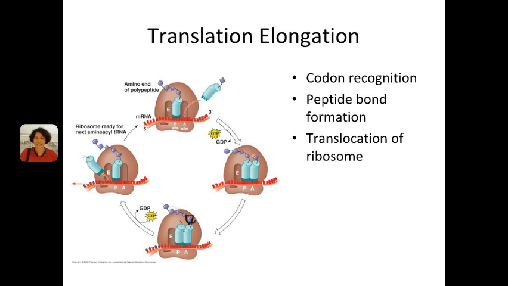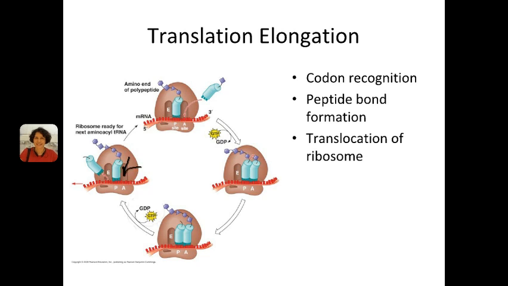on the A site. Okay, now we're going to hydrolyze another GTP molecule, and that is going to allow the ribosome to move. So the ribosome is going to move so that now the A site is open. You see that?